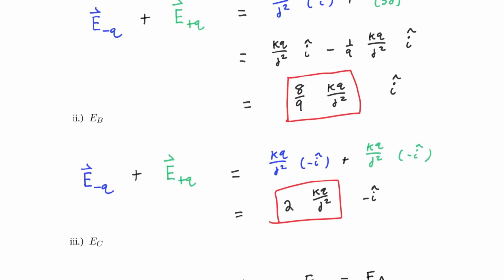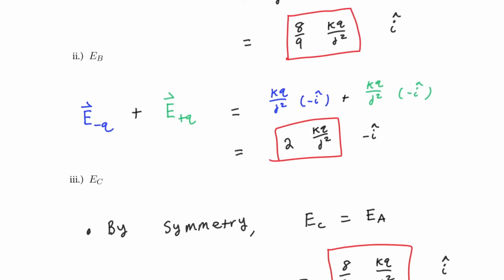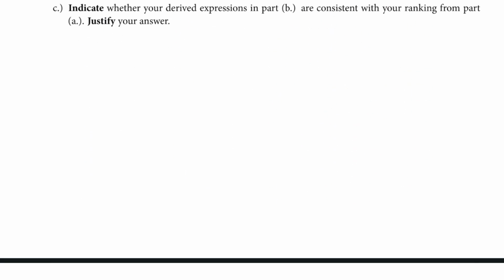So for the consistency check, EA, 8 ninths in front. EB, 2 in front. EC, 8 ninths in front. So we can see that this is consistent.